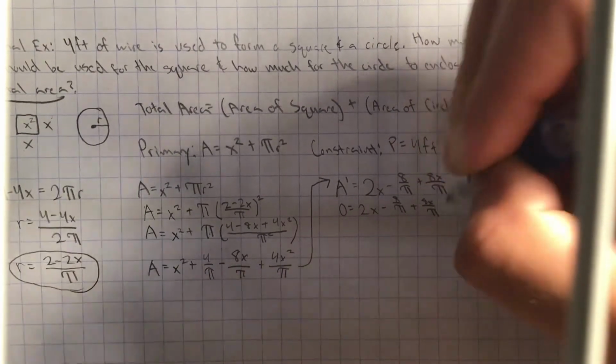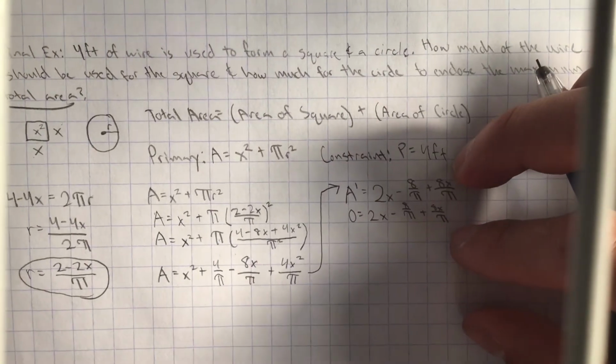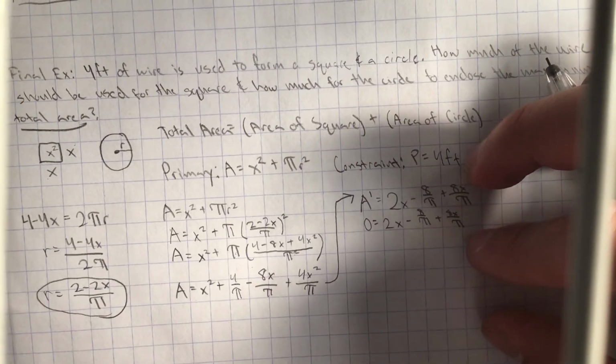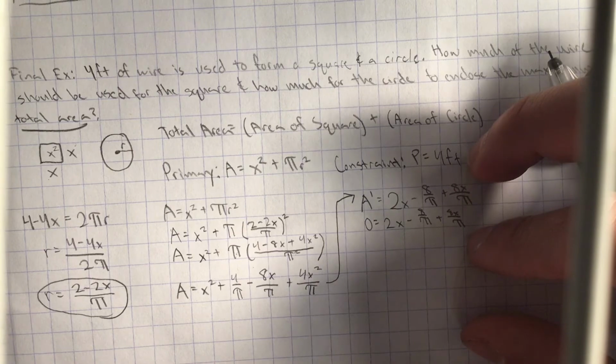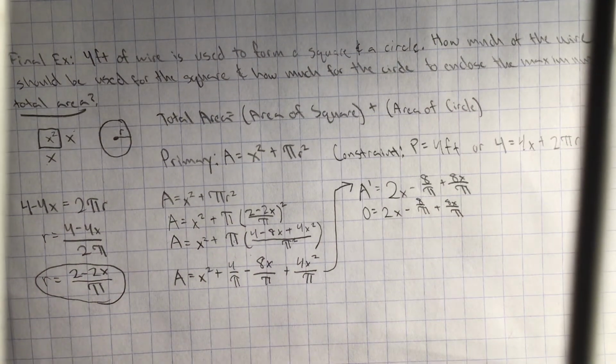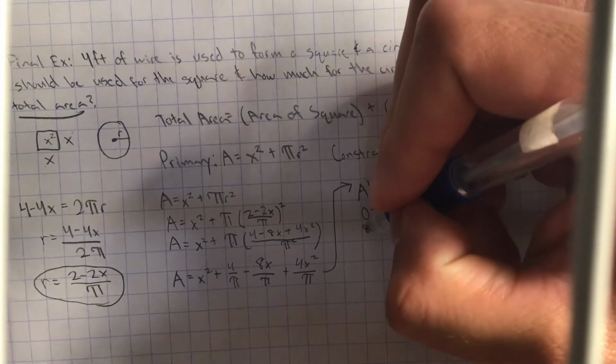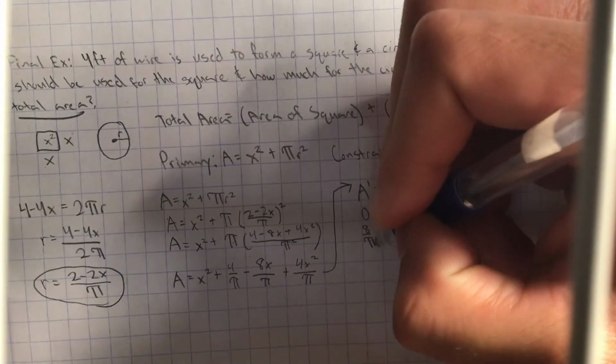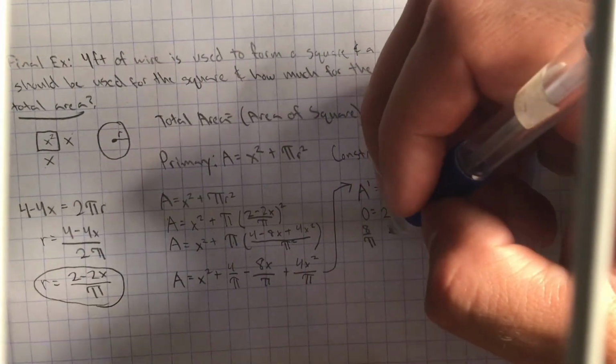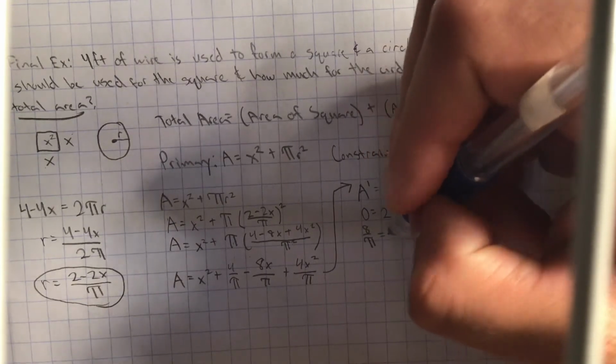Then we can subtract our 8 over pi, change the sign, and it would look something like this. I think the sign got mixed up somewhere with the 2. I was copying the notes, but it looks like this.